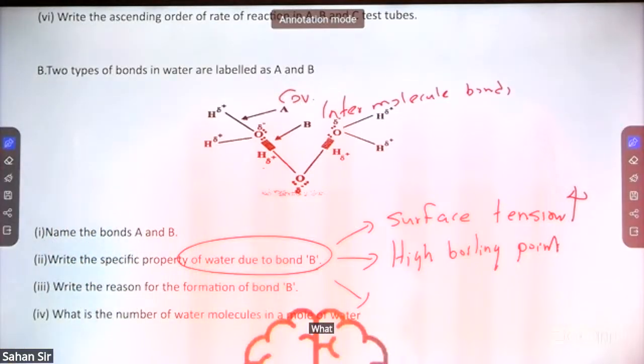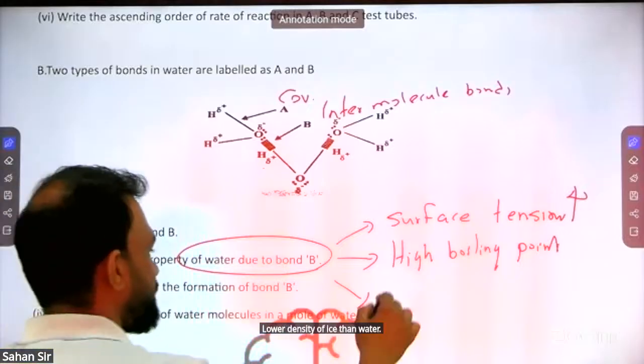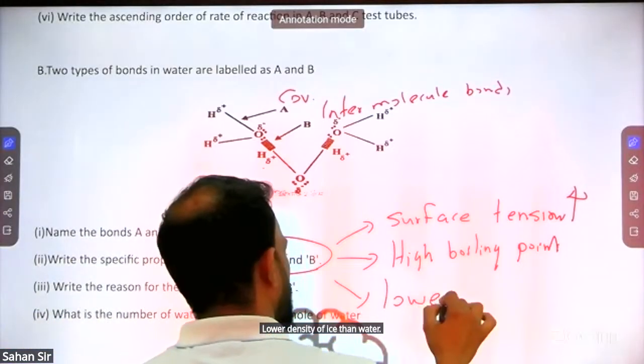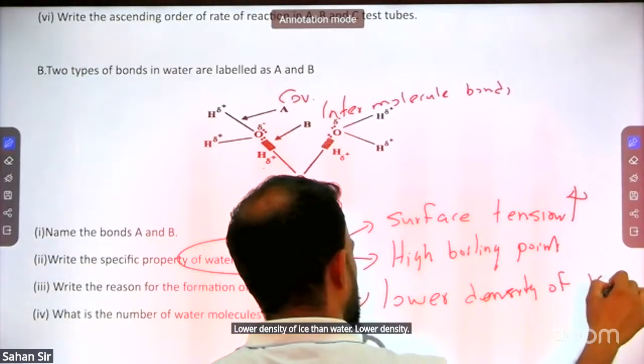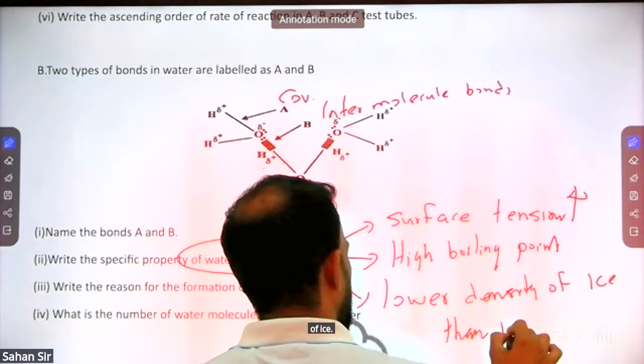What else? Lower density of ice than water.